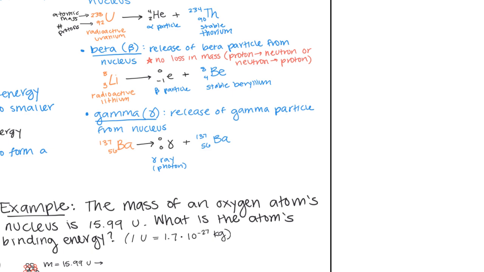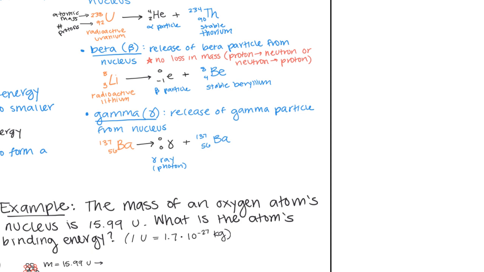So if we have this atom of barium, it's got an atomic number of 56, meaning it has 56 protons. Its atomic mass is 137. If it releases some of its energy, again, it's not losing any mass, it's just releasing some energy in the form of a photon, it would become more stable.